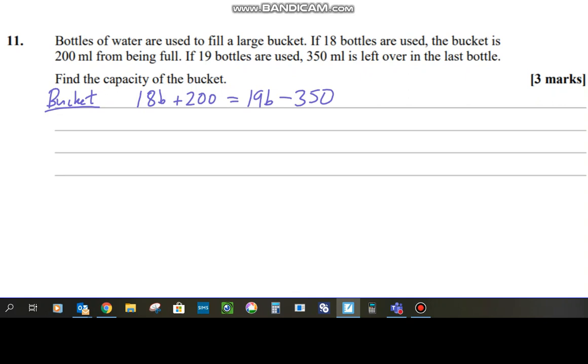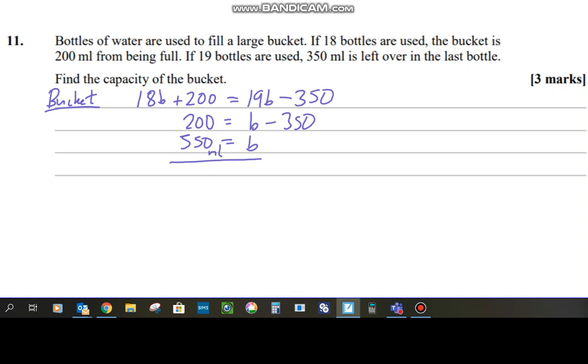So now we just need to solve this equation. So if we just take off the 18b, that gives us 200 is equal to b minus 350, and so 550 is equal to b. That's only the bottle, we've got to find the bucket, so we could go into either side of the equation.